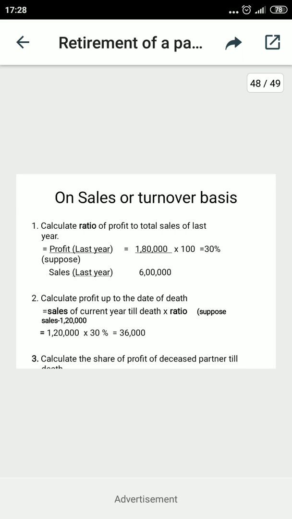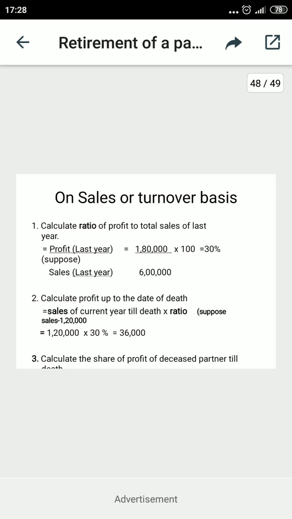So we have to calculate the percentage with the help of this formula. When sales is the base, the profit is given for one particular year, like the last year. The formula is the profit divided by the sales of the same period, multiplied by 100, then the percentage will come to you.